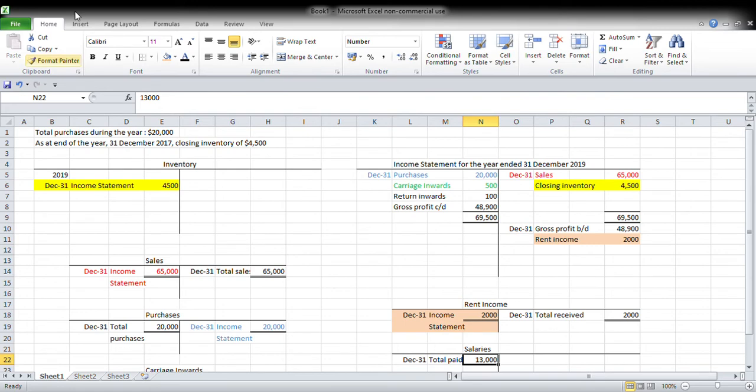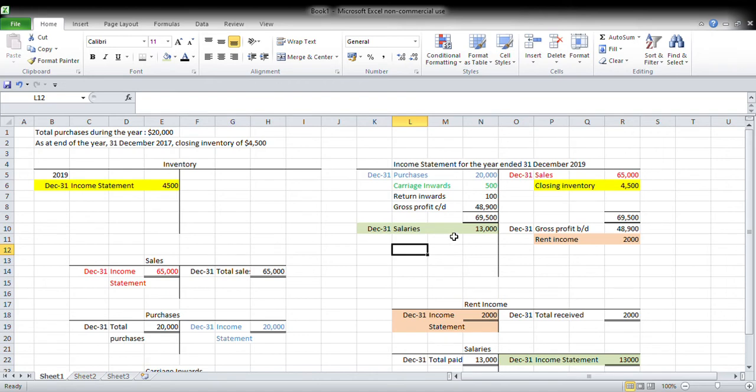If I were to transfer it to income statement, I will put a figure here, income statement, December 31st. Double underline this to show that this is the total to transfer, and I will highlight this as green. So credit this account, debit this side. December 31st, salaries, 13,000. So that's my double entry for expense.